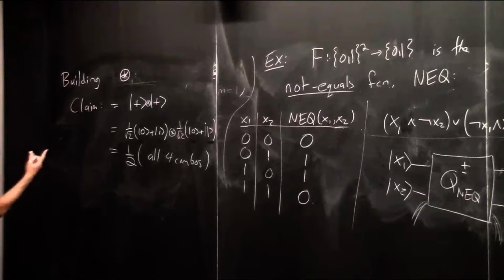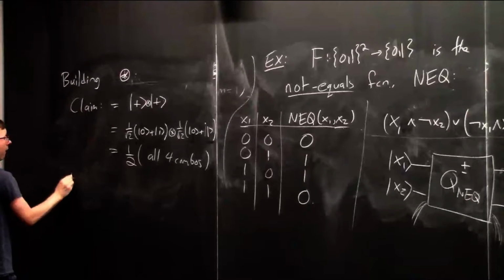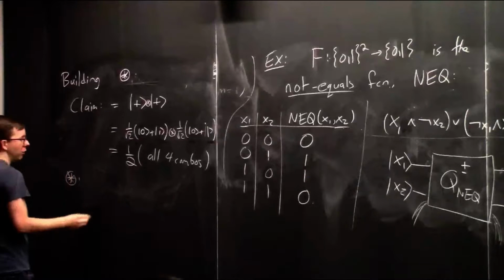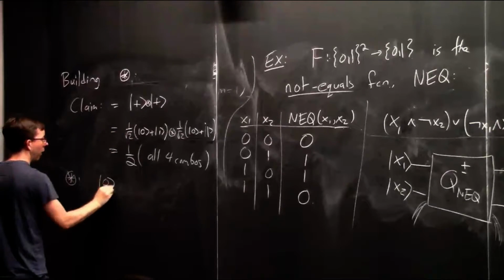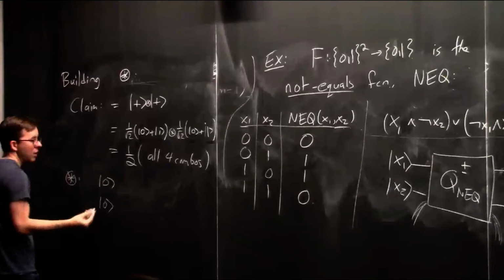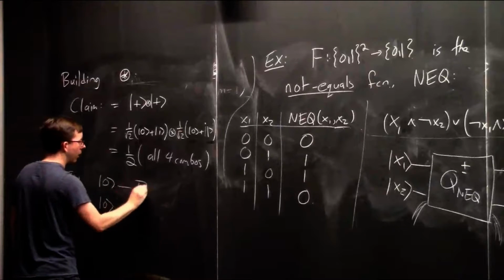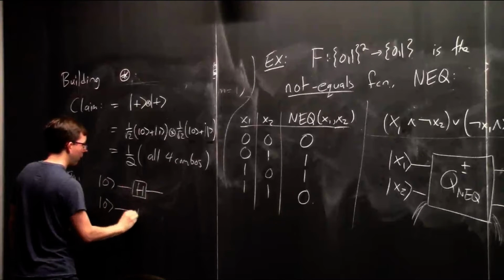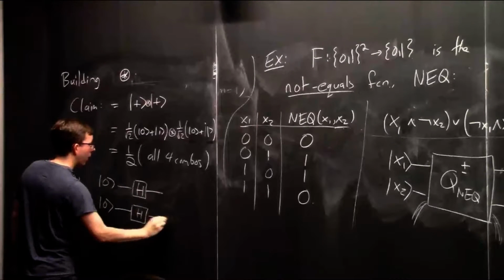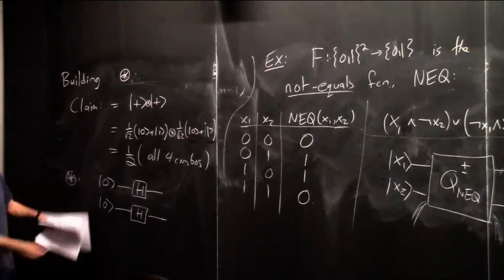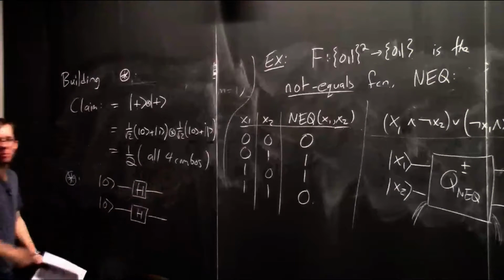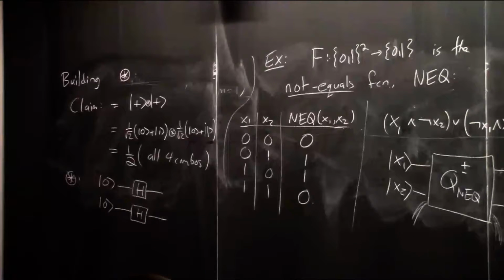And therefore, you could build this star, you could achieve it by just preparing 2 pluses, which would look like this. Start out with zeros. I like to always start out with zeros, and then put them through Hadamard gates. So that converts them both to pluses, and therefore the state at this point is the uniform superposition over all 4 classical inputs.